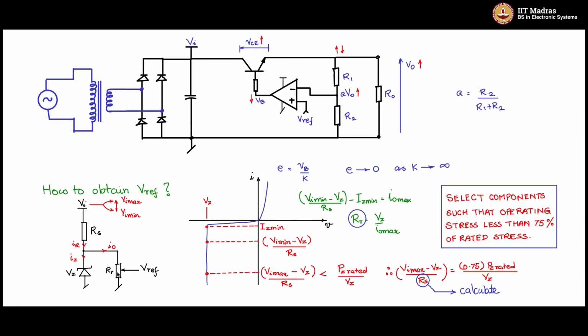And then you tap off from Rr, if it's a potentiometer, from the center tap, and you can set the value of Vref accordingly to whatever value you want V0 to be, such that A V0 is equal to Vref. So this way you will set the reference voltage for this circuit.